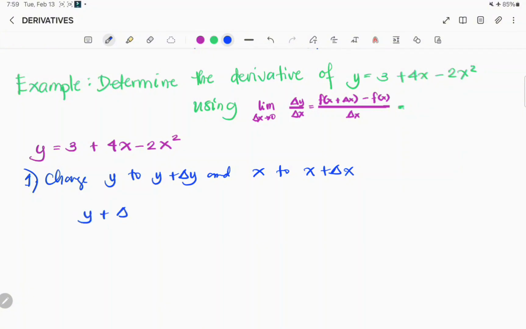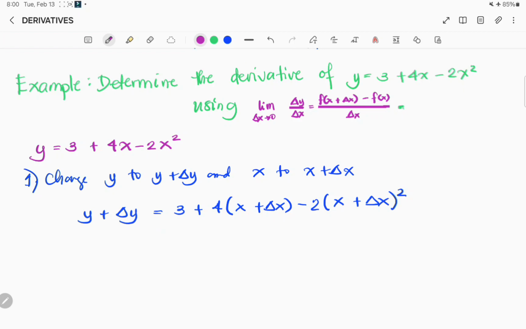y plus change of y equal to 3 plus 4 times x plus change of x minus 2 times x plus change of x squared. Then we simplify the right side of the equation.